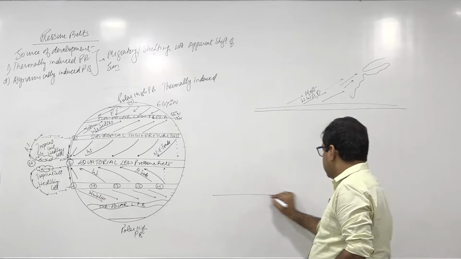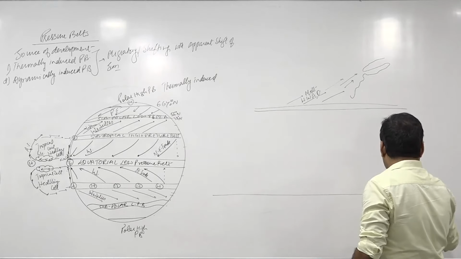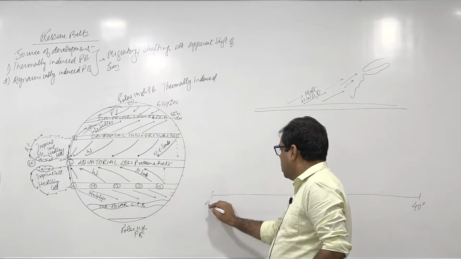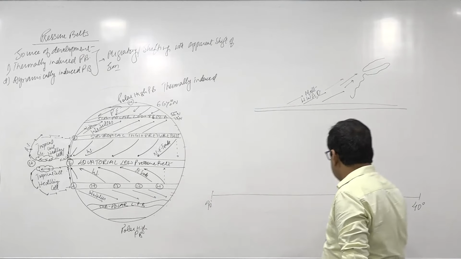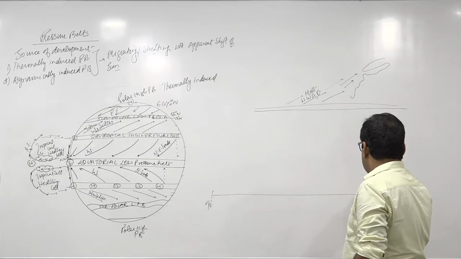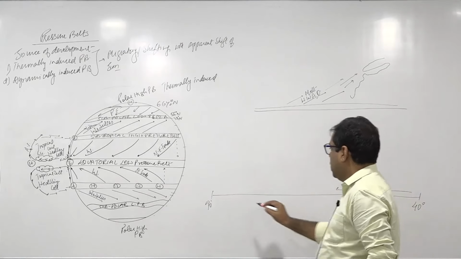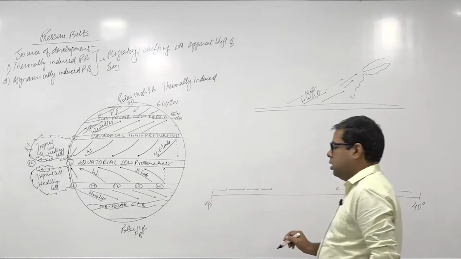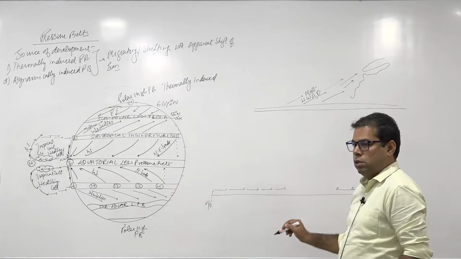Now, from this 40-degree latitude, the wind has been moving towards the subpolar region, and from the 90-degree latitude, the wind has been moving towards the subpolar region.